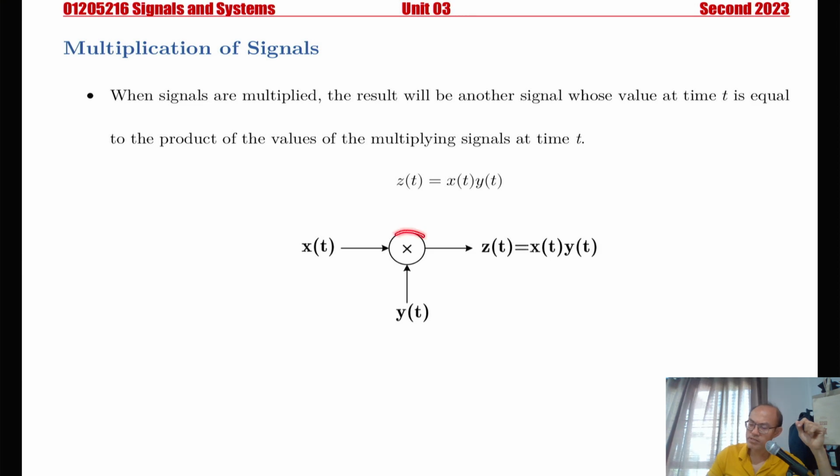We use this symbol, a circle with a cross inside indicating that it is a multiplication operation. The result that comes out of the circle, indicated by the leaving arrow, is the signal z, the product of x and y.